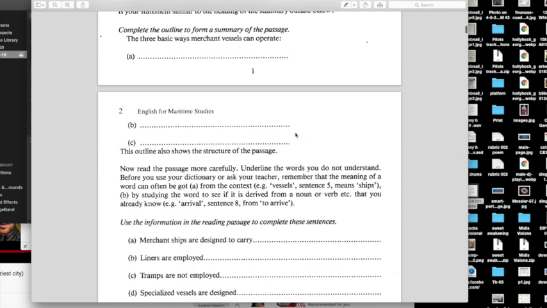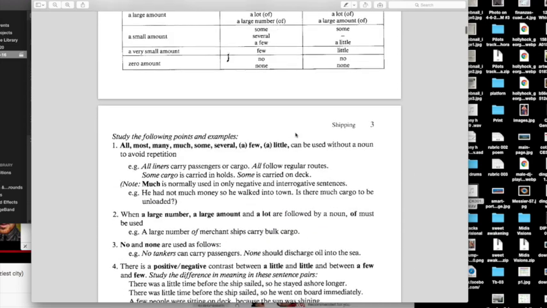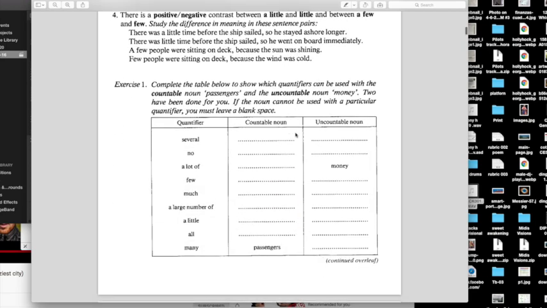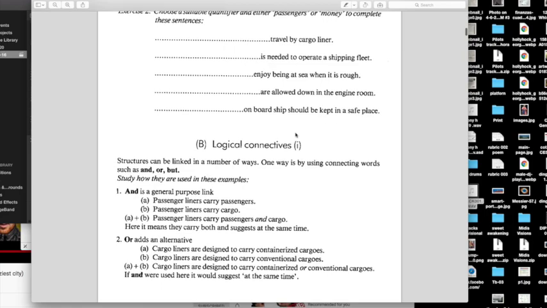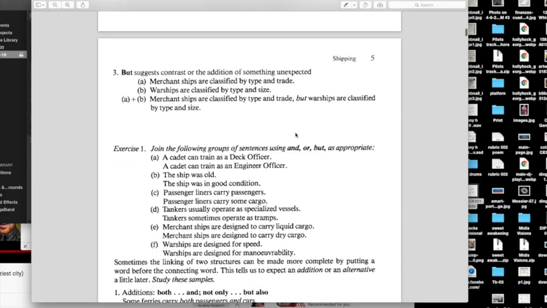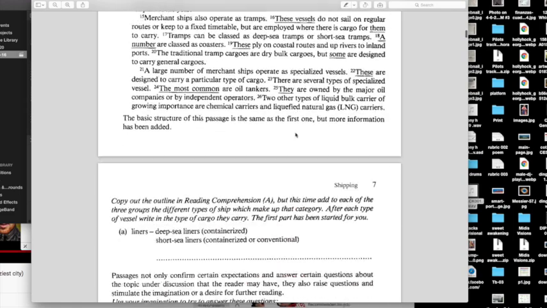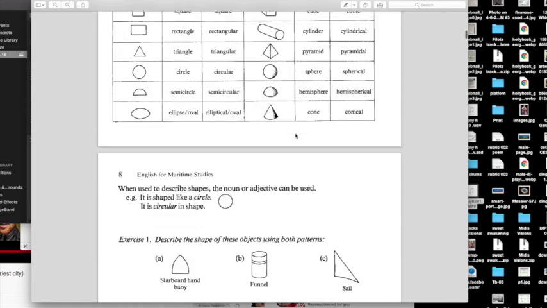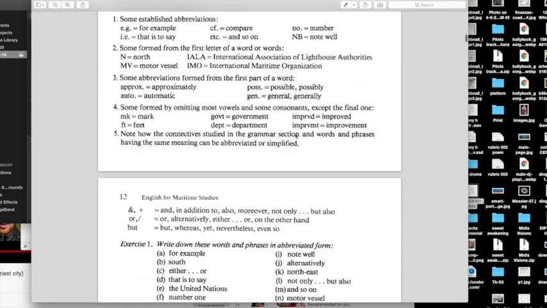Unit number 1 is mostly focused on vocabulary, and we're going to see that later in the program. But in unit number 2, the information is the same as unit number 1, besides the vocabulary that I mentioned.